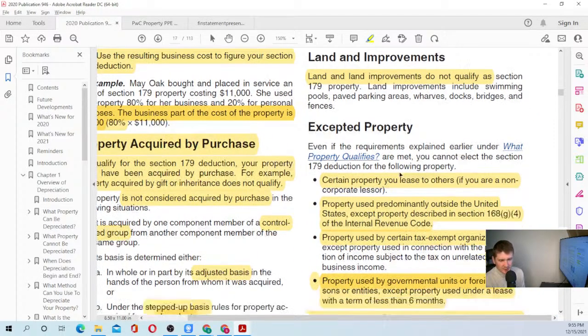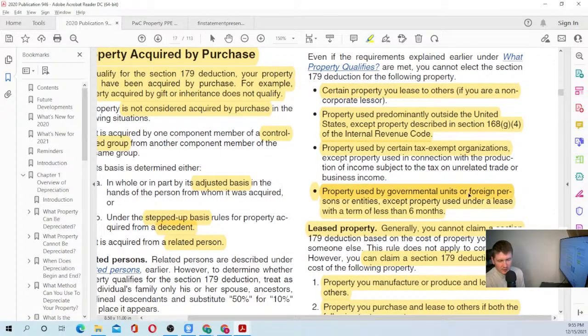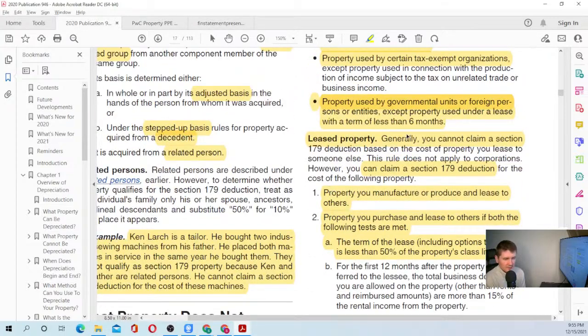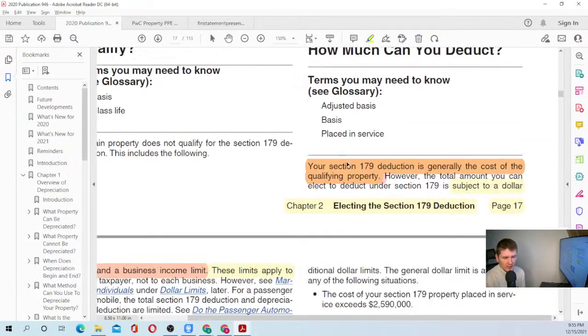And other exceptions for the property: it can be leased property, property used predominantly outside the United States, property used by certain tax-exempt organizations, property used by government units or foreign persons or entities. If you have leased property, you need to pay more attention to these regulations. If leasing is involved, you need to read it more carefully.